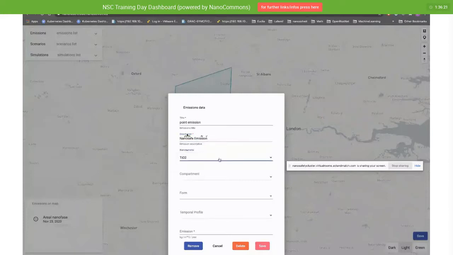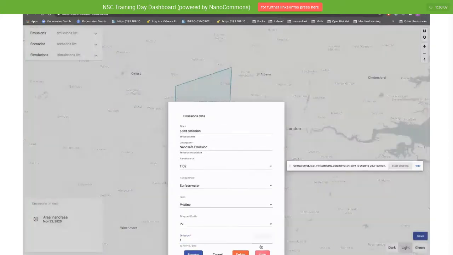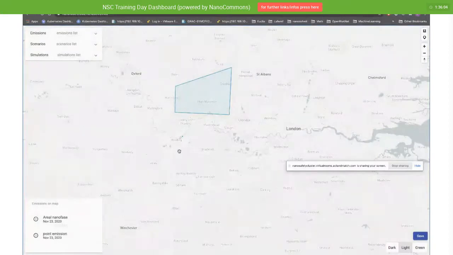Again, by adding all the required values. And again, 1 kilogram per meter per year, save. So right now we have 2 emissions on the map, and we can further continue adding more emissions if needed in order to create a scenario.